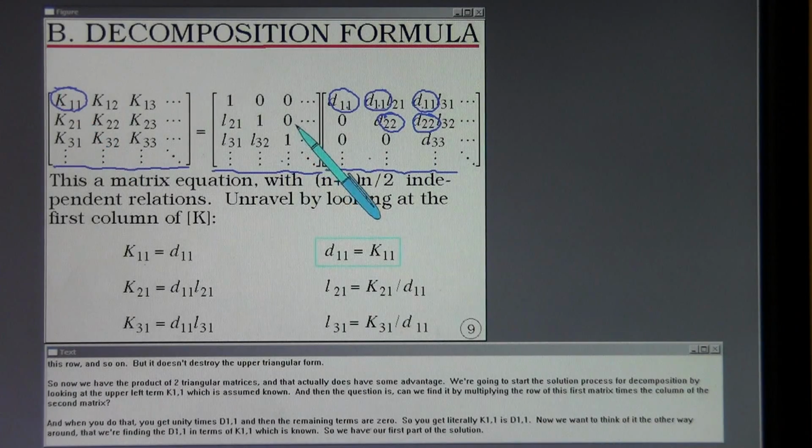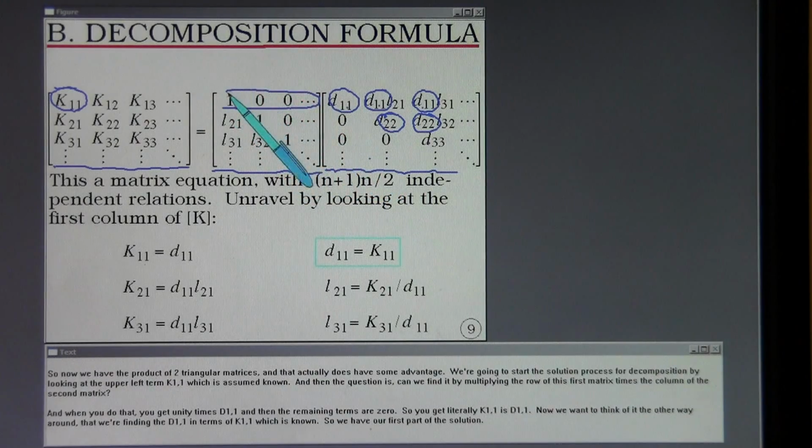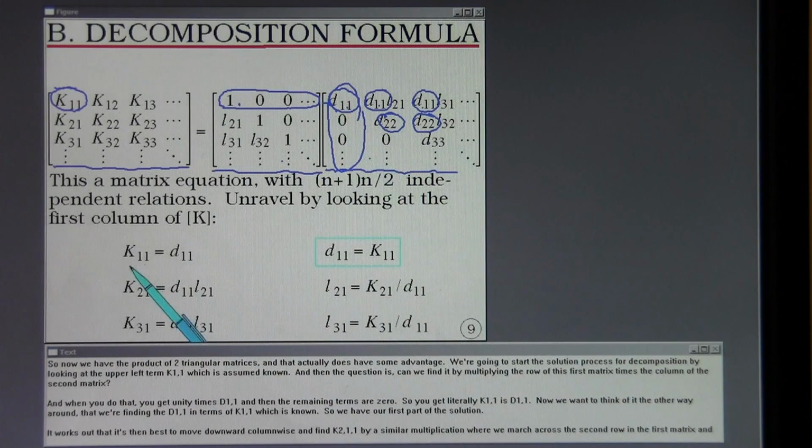And then the question is, can we find it by multiplying the row of this first matrix times the column of the second matrix? And when you do that, you get unity times D11, and then the remaining terms are 0. So you get literally K11 is D11. Now we want to think of it the other way around, that we're finding the D11 in terms of K11, which is known.